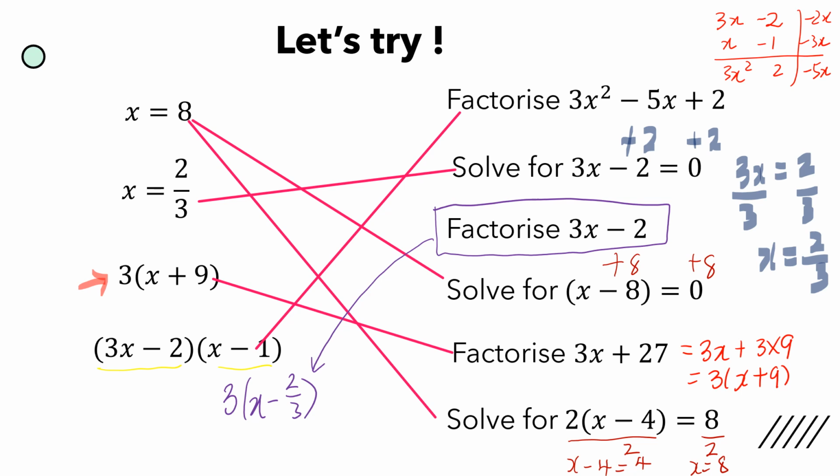But most of the time in the exam, they would ask you to just factorize 3x minus 6, 3x minus 9. But it's still possible that they may ask you to factorize 3x minus 2. And this will be the answer.